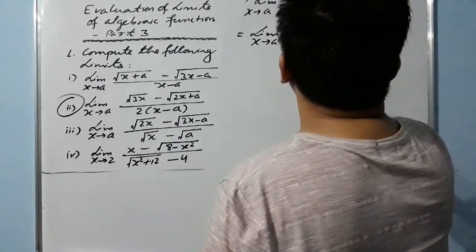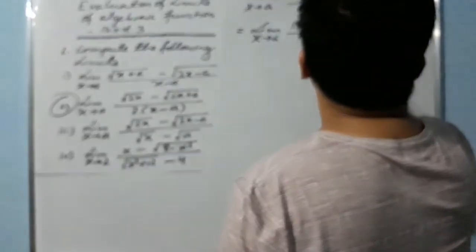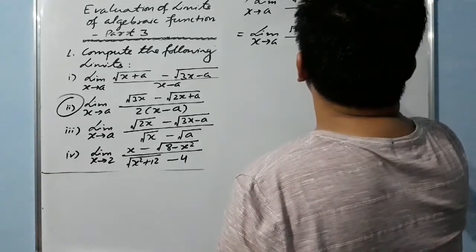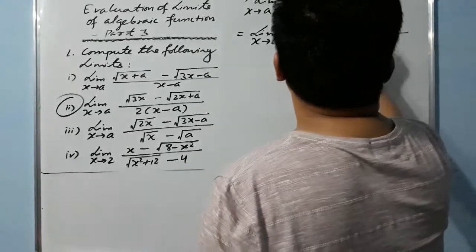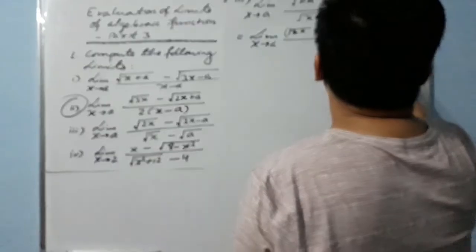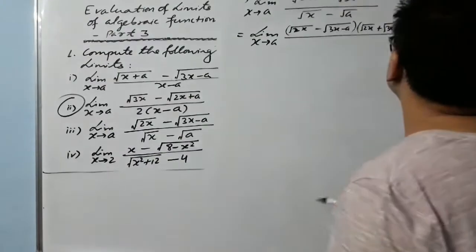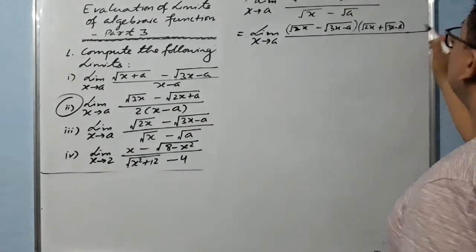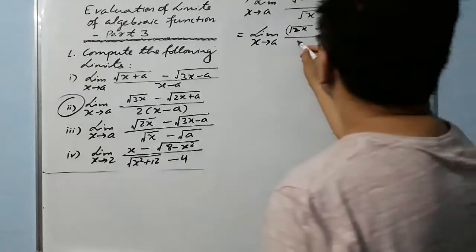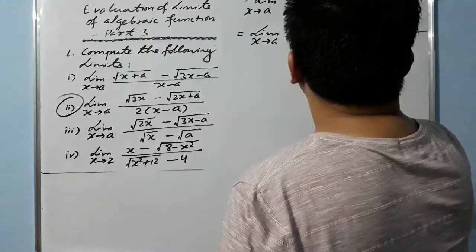Root 2x minus root 3x minus a, multiplied by root 2x plus root 3x minus a, over the denominator root x minus root a.